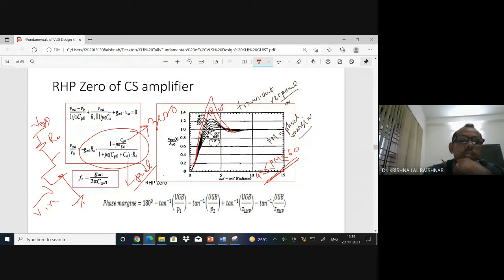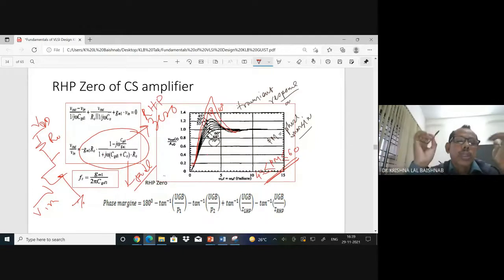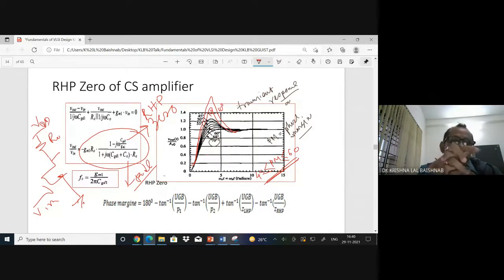But you see that plus means a negative side, the left side will come; minus means the right side will go. So that becomes RHP zero. So what you understood: in a common source amplifier, if you do thorough analysis, thorough calculation by using Miller's theory, we can find out there is an RHP zero, and then we'll see what is the effect of the RHP zero.